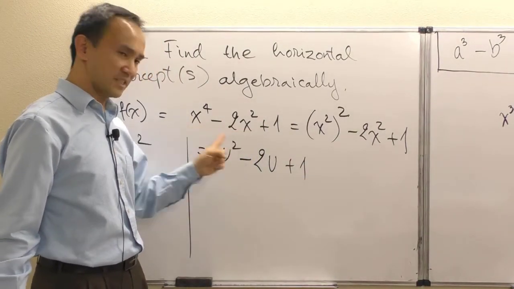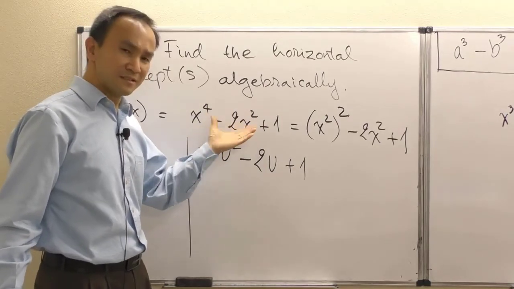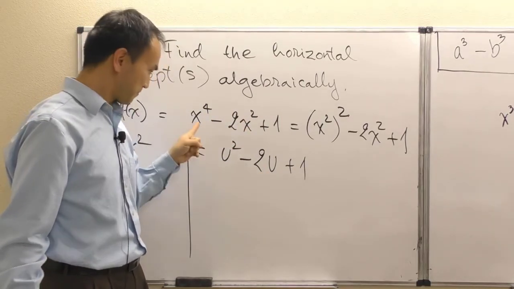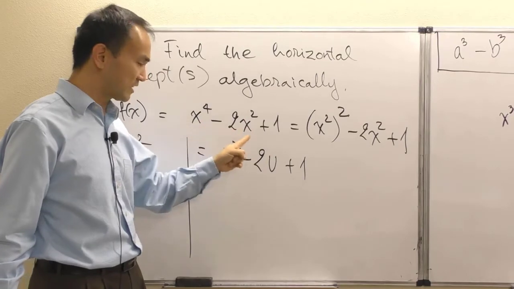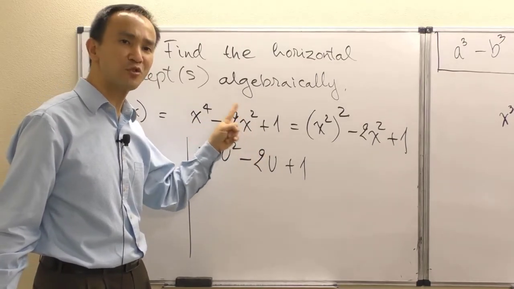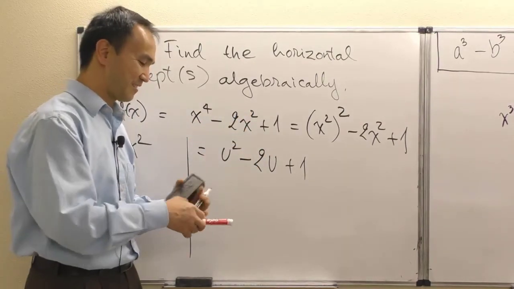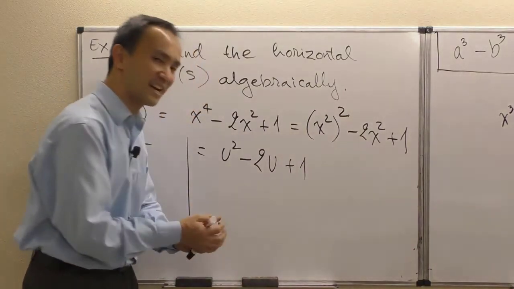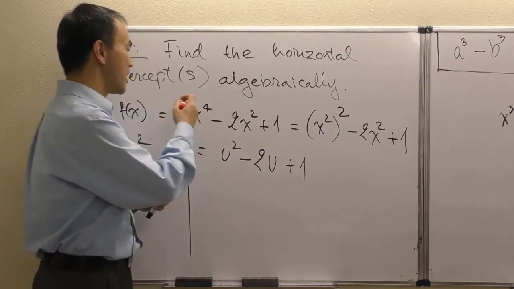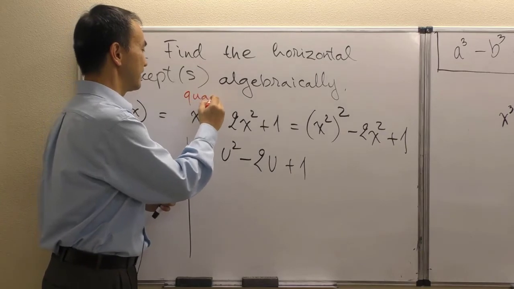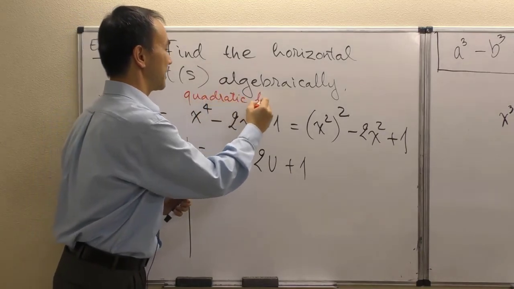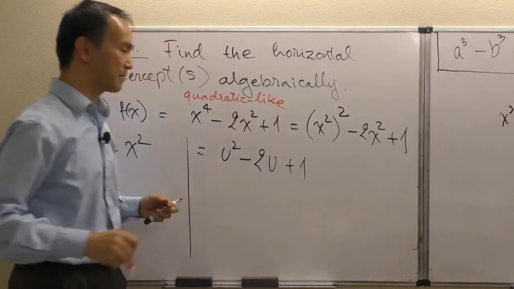I'm sure you have seen this term already in your previous course. When you see something like this, we refer to that as quadratic-like. In case that term has faded away, this is called a quadratic-like polynomial.